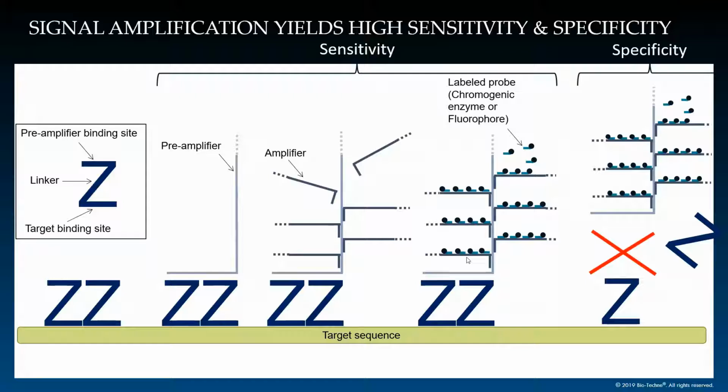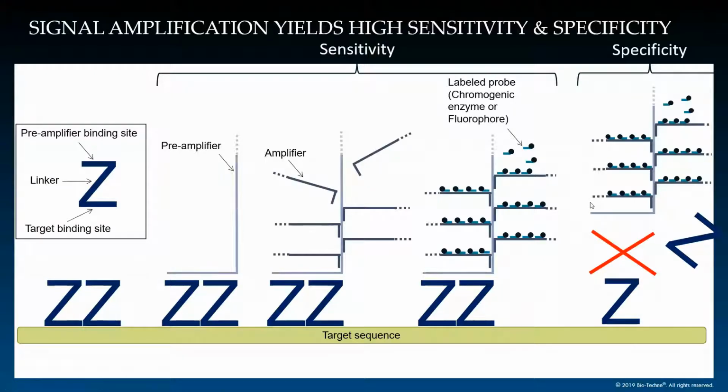Then we also ensure that our probes are highly specific, because unless you have a pair of Z's bound in tandem to each other, you won't have the preamplifier binding onto the Z probes. So if, for example, you have a single Z probe non-specifically binding onto a sequence, then the preamplifier will not bind to the Z probe and there won't be any amplification tree formed.